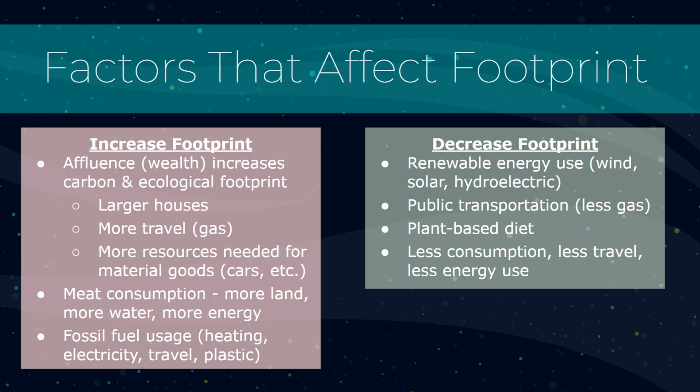A plant-based diet will also decrease your ecological and carbon footprint. Finally, just less consumption overall lowers your footprint. Buying recycled goods or buying used goods or not buying goods at all is going to decrease your carbon footprint. This causes fewer raw materials that have to be used and less of a carbon and ecological footprint to be created.